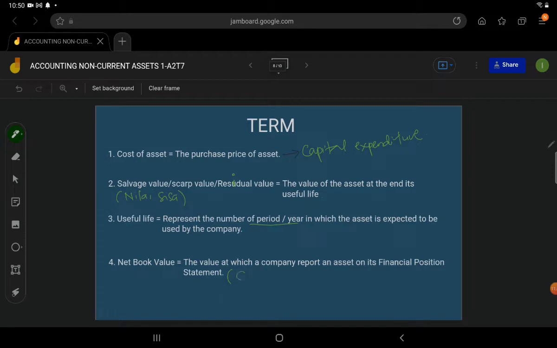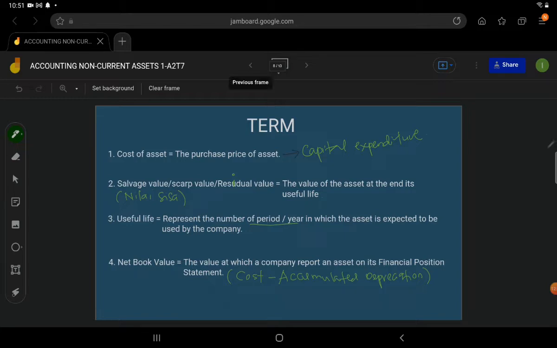Okay, cost of the fixed asset kita tolak dengan apa? Tolak dengan accumulated depreciation. So this is the net book value. Right. Okay, kena fahamlah terms-terms ni. Nanti bila kita nak calculate depreciation expense, kita akan jumpa all these terms.